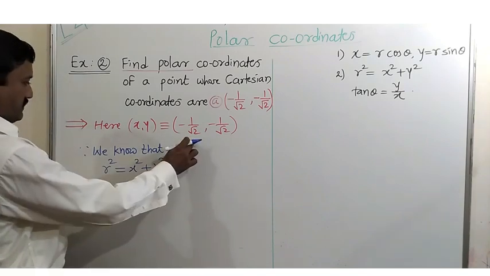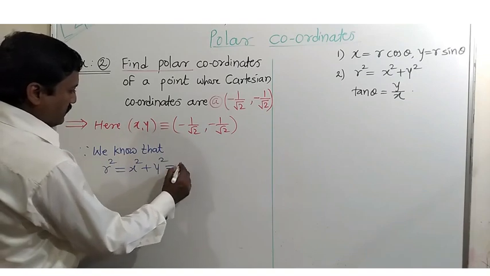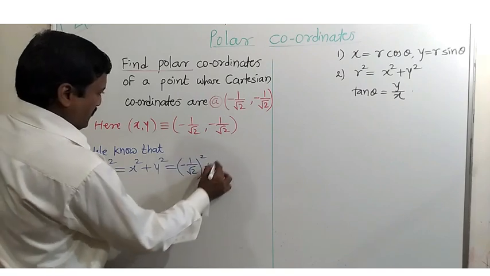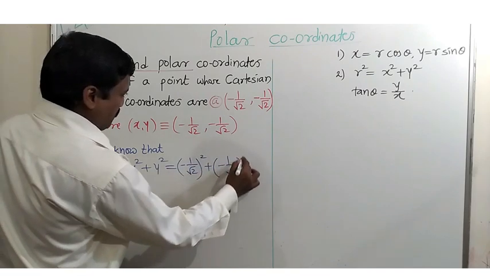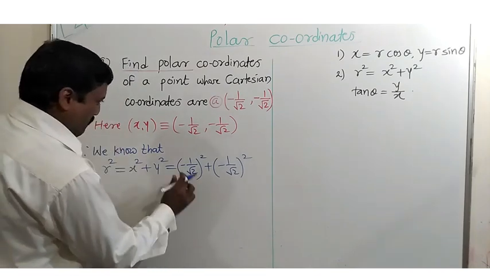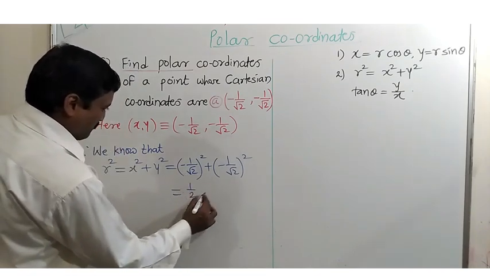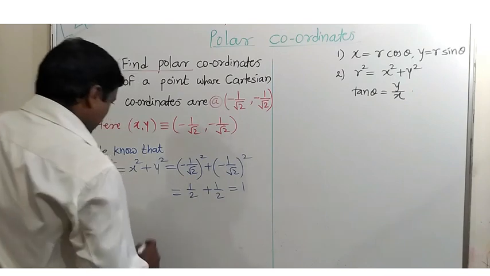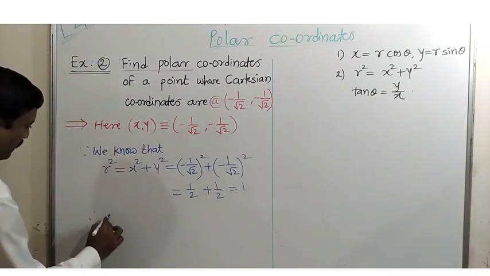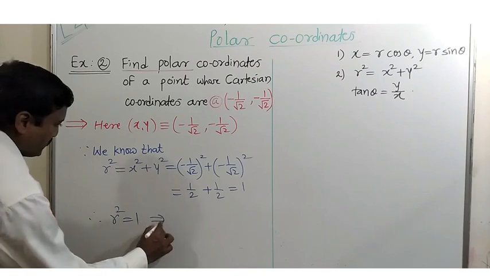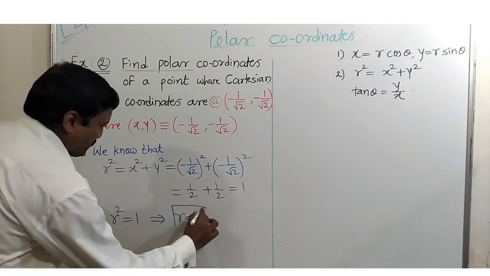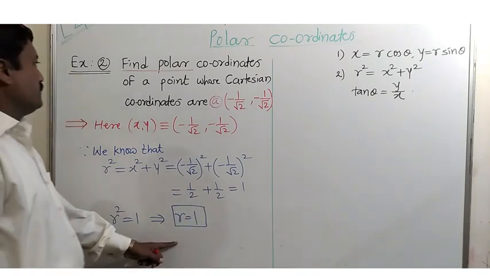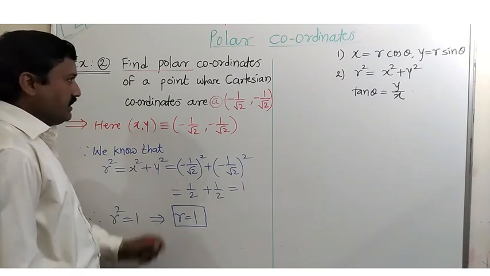So put the values of x and y here, we get it is nothing but minus 1 upon root 2 bracket square plus minus 1 upon root 2 bracket square, and it is equal to square of this will be half and the square of this will be also half, so it is equal to 1. Therefore, r square equal to 1 implies r equal to 1, because r is the magnitude, it is always positive. So this is our first polar coordinate, that is r.